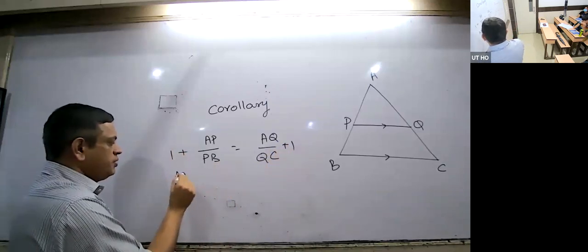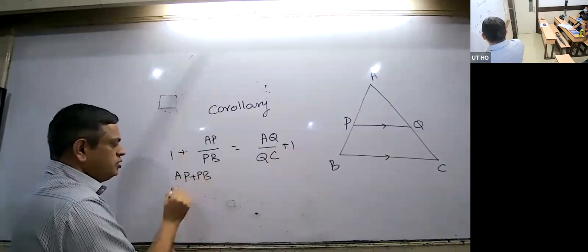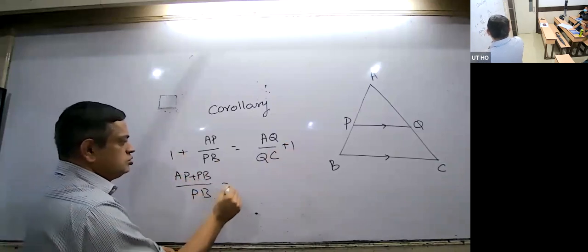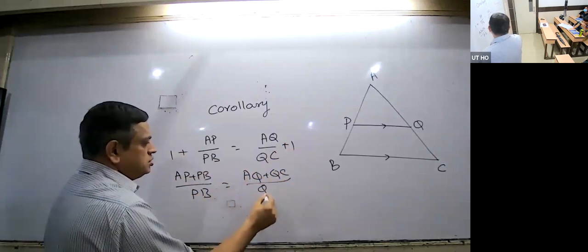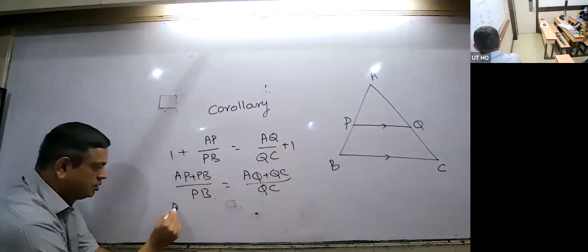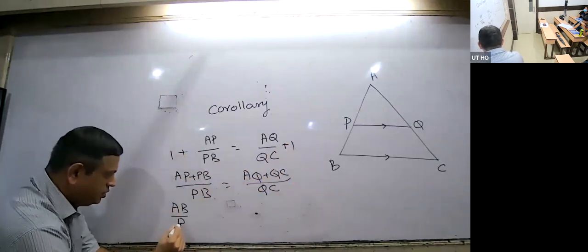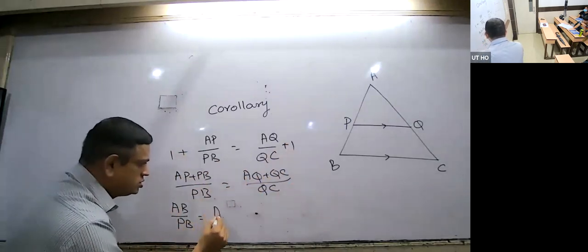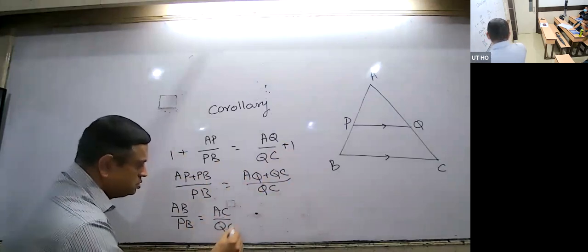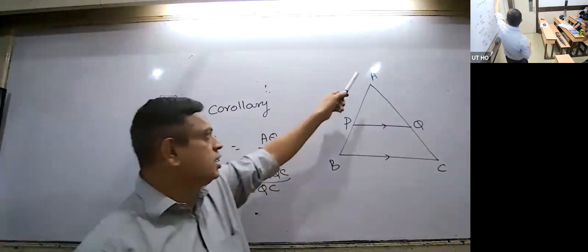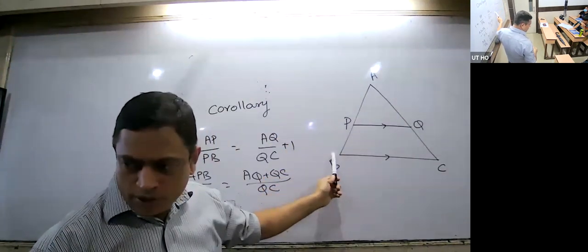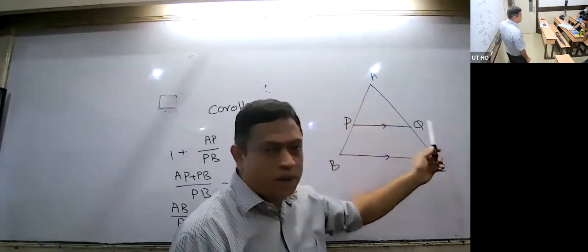AP plus PB upon PB is equal to AQ plus QC upon QC. Look at the figure. What is AP plus PB? AB upon PB is equal to AC upon QC. This is called a corollary.